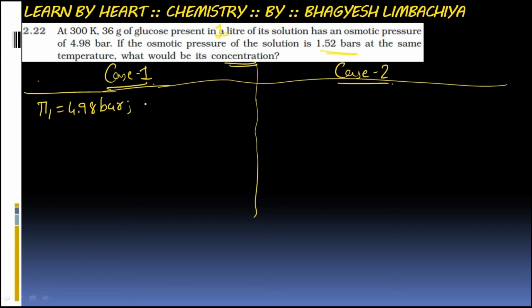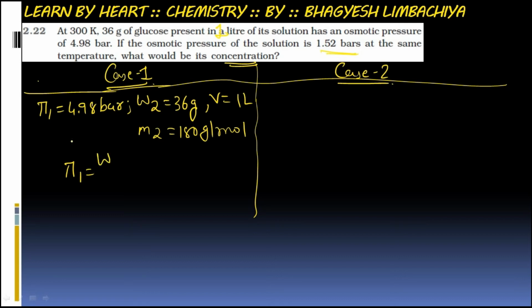Pi 1 equals 4.98 bar, W2 is 36 grams, and V is 1 liter. M2 for glucose is 180 gram per mole, and the osmotic pressure formula is pi 1 equals W2 RT by M2 V. Here the RT term is taken constant, means no value is written for that.